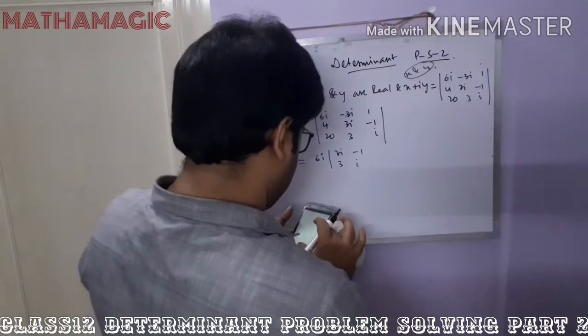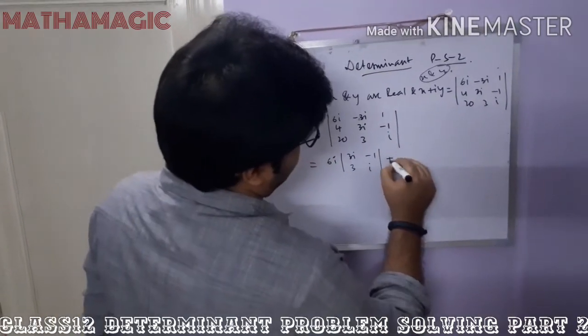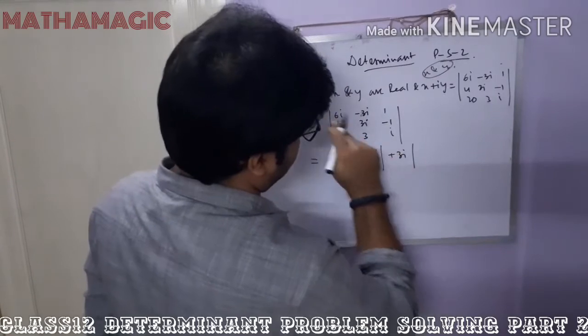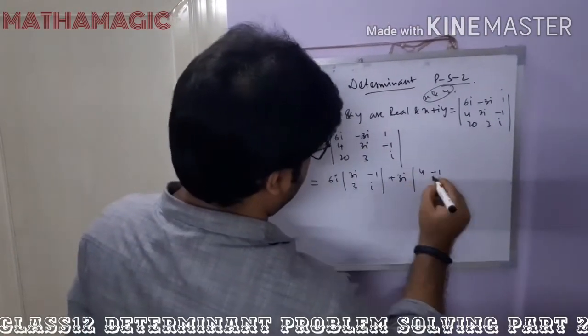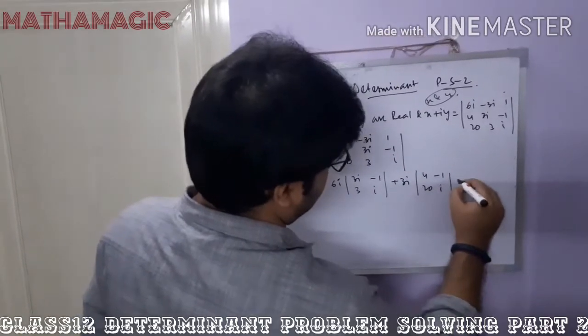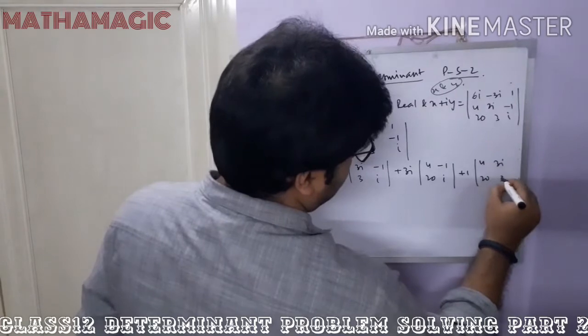Let me check the question once again. So it will be 3i, and 4 minus 1, 20i, and it will become like this: 4, 3i, 20, 3.